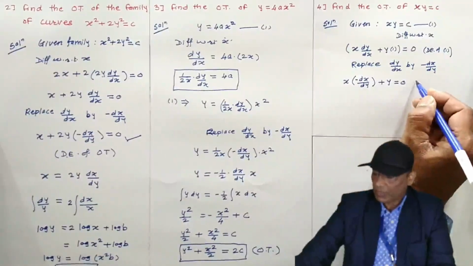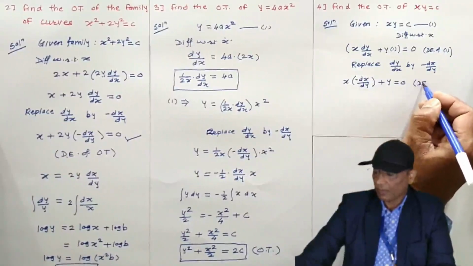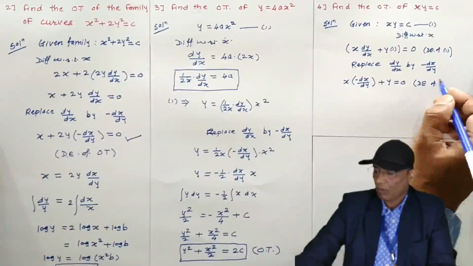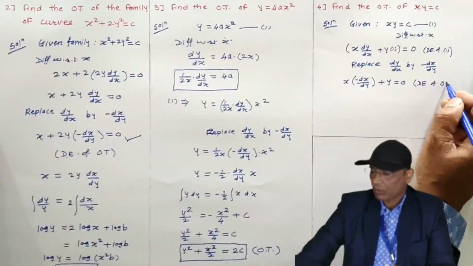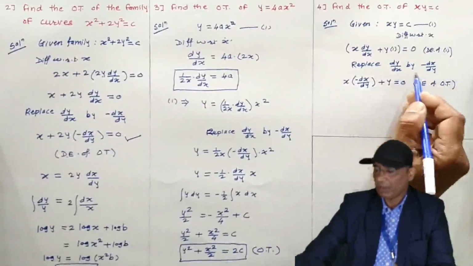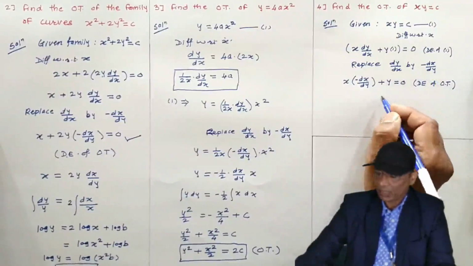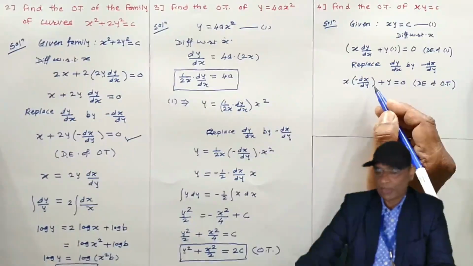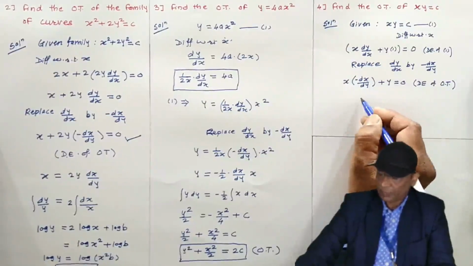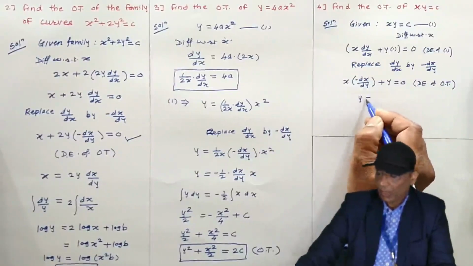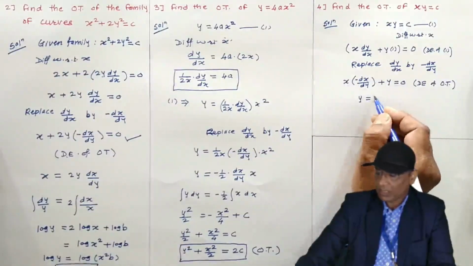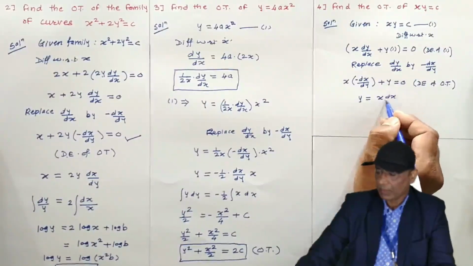Now this is the differential equation of the orthogonal trajectory. Once you solve this equation, you will get the orthogonal trajectory. What I am going to do, this term y I am shifting to the right hand side.